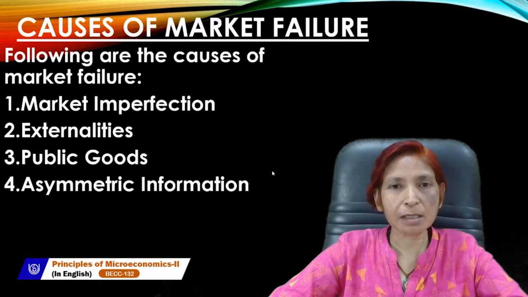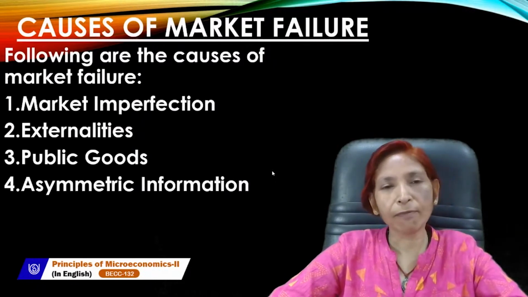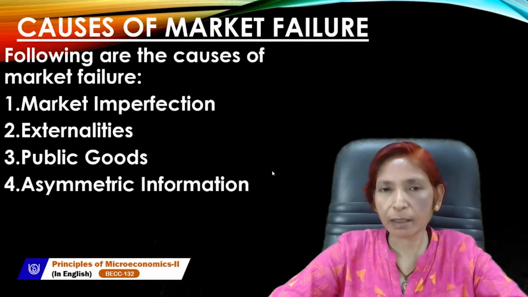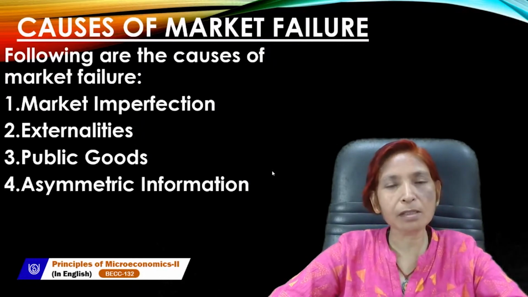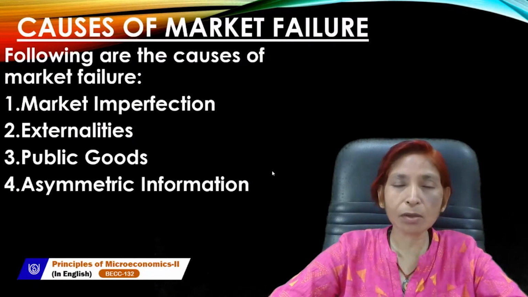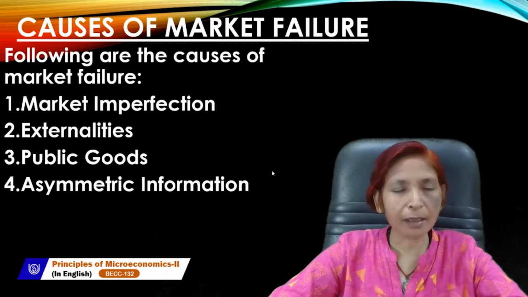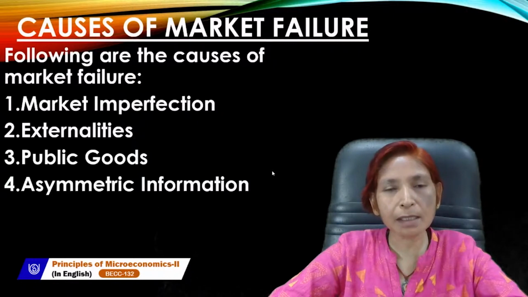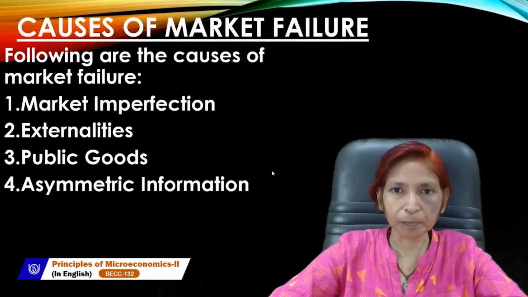Which market is a failure market? What causes the failure of these markets? Monopoly market is a failure market. Monopolistic competition market is also called a failure market. And there are so many other reasons which are the main cause of market failure.